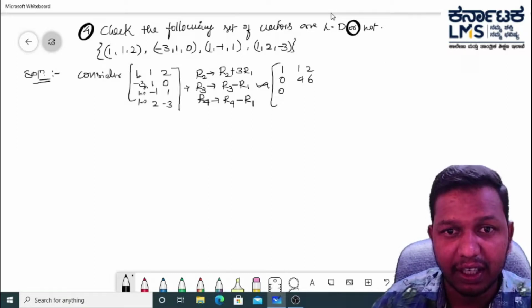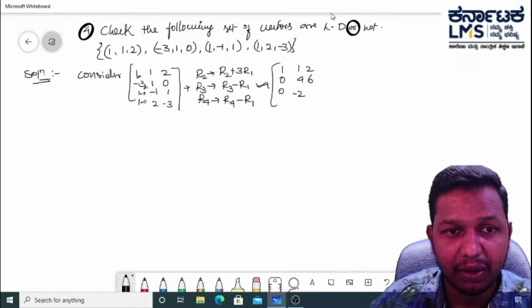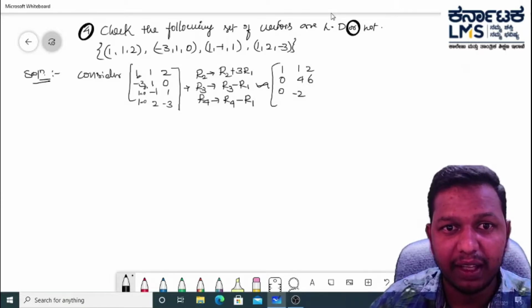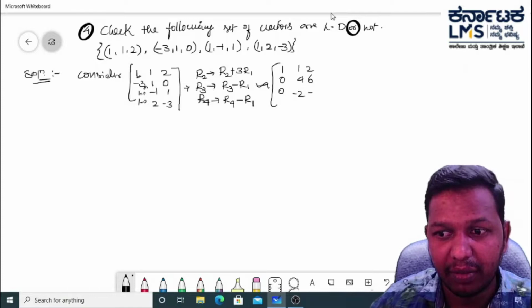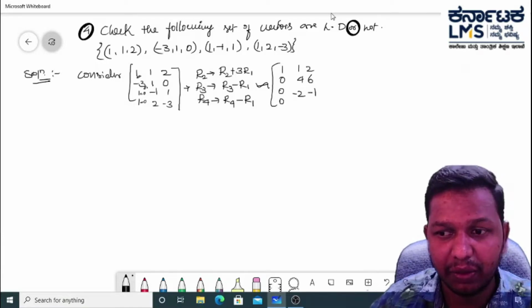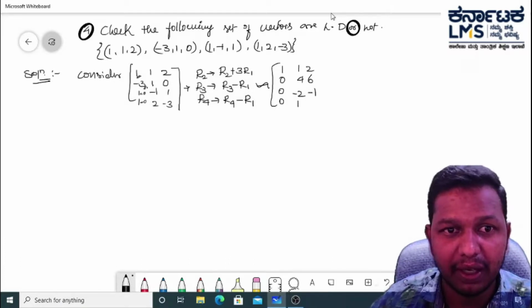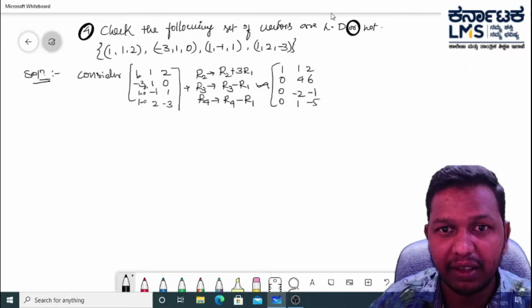Third row: 0, minus 1 it is minus 2, 1 minus 2 is minus 1. Similarly, fourth row: 0, 2 minus 1 is 1, minus 3 minus 2 is minus 5.